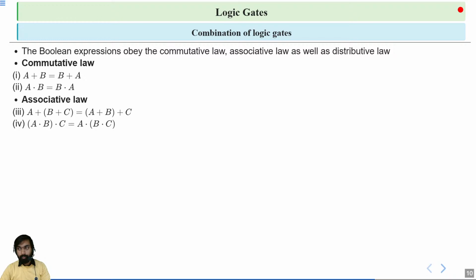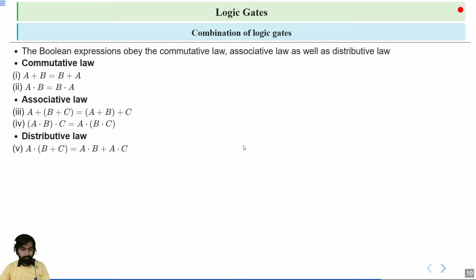Both OR (plus) and AND operations are associative. This means if you are adding or multiplying three variables, you can group them in any way. And the distributive law: A dot (B plus C) equal to A dot B plus A dot C.